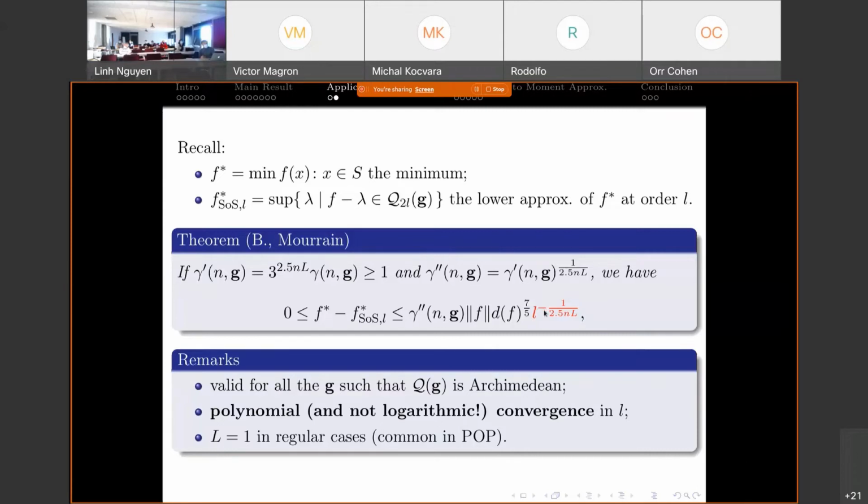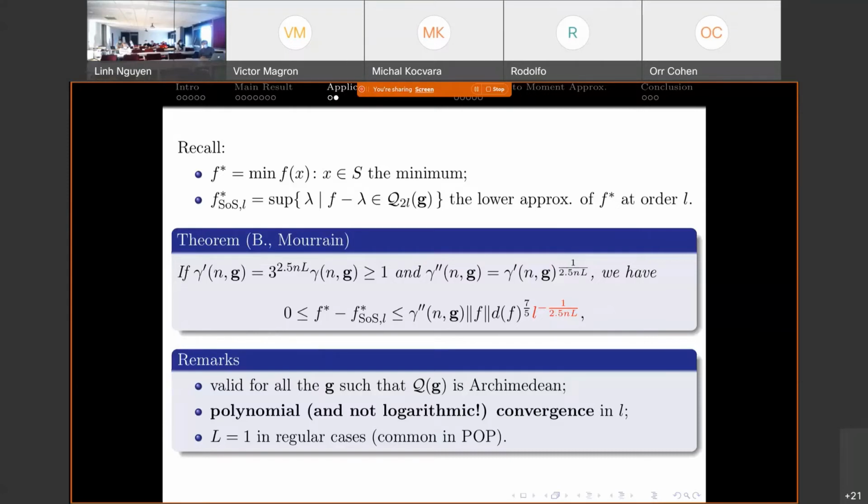And in the previous result by me and Slot, this was logarithmic only, because the convergence was exponential for Putinar. So we get only a logarithmic convergence for the Lasserre error. And also remember that this can be improved in regular cases, as I just showed. We have n equal to 1. In these cases, I've said common in polynomial optimization problems.